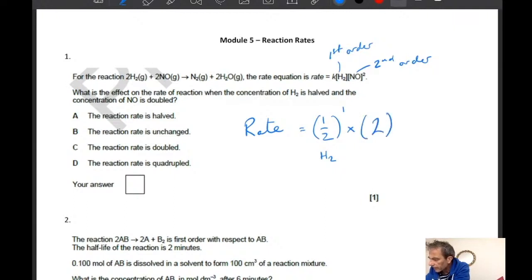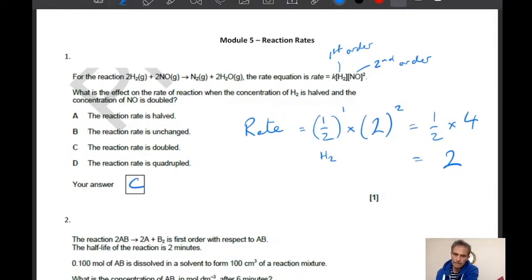But that's second order. So 2 to the power 2 is 4, half to the power 1 is a half, so in other words that's a half times 4, which is 2. So therefore the overall rate is going to double, so the answer was C.